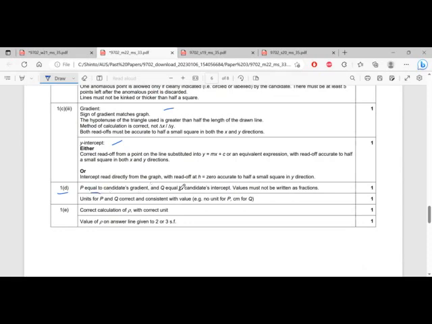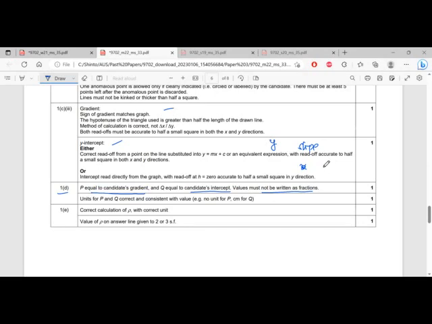Here, candidate's gradient, candidate's intercept, value must not be written as a fraction. When you calculate the y-intercept and the slope, you have noticed that the thing that immediately comes after this in any question paper will be some equation, describing the relation between the quantities that you have just plotted.